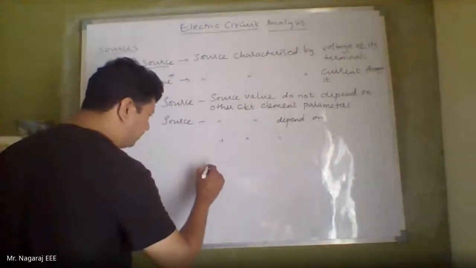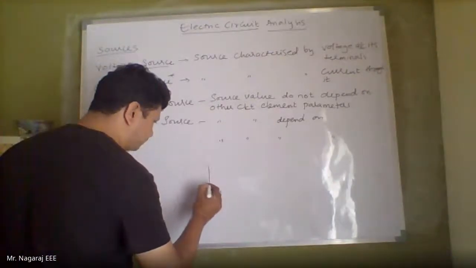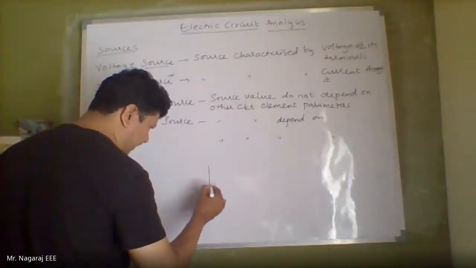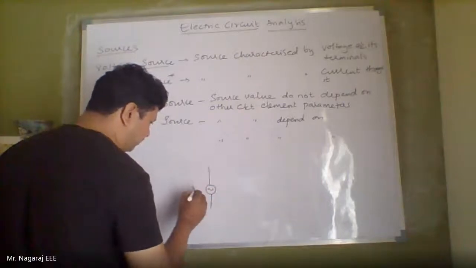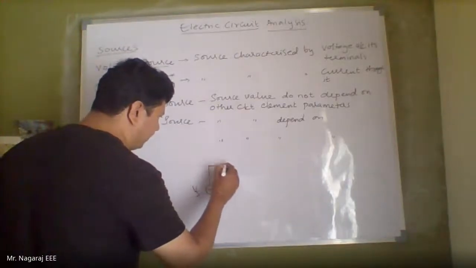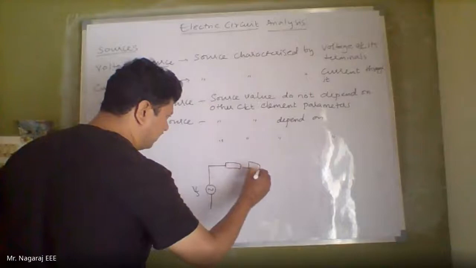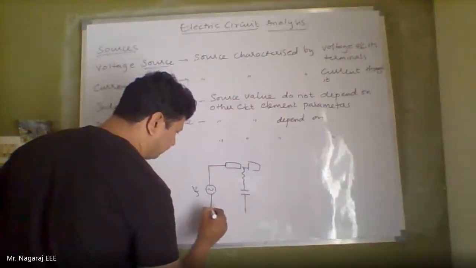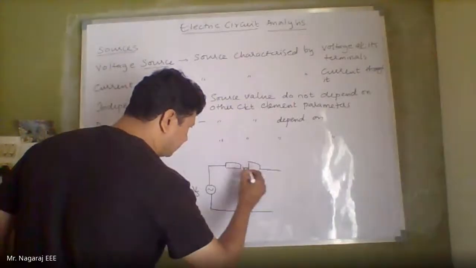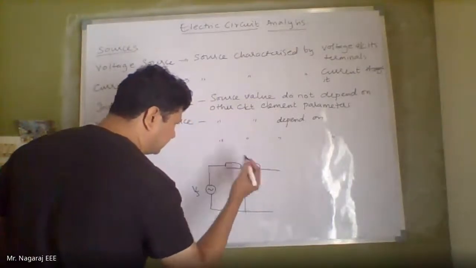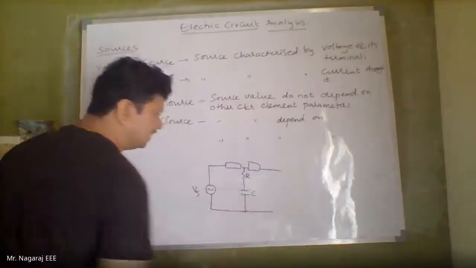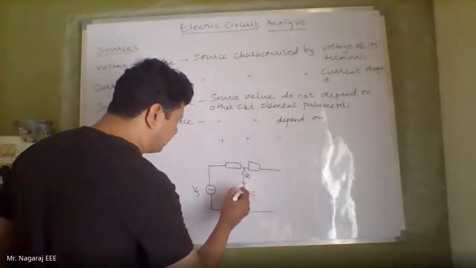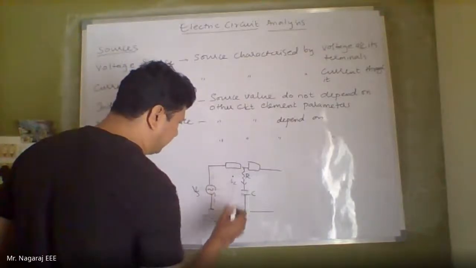Now, for example, suppose I have some circuit. Suppose this is the source voltage. I have some element here, some element here. So many connections are there. Now, suppose I have a capacitor here. Resistance is R. Capacitor is C. Now, when this branch carries current, let me take it as IC.